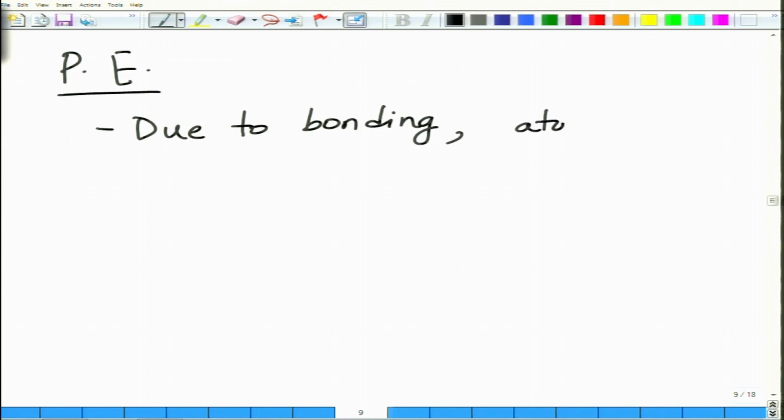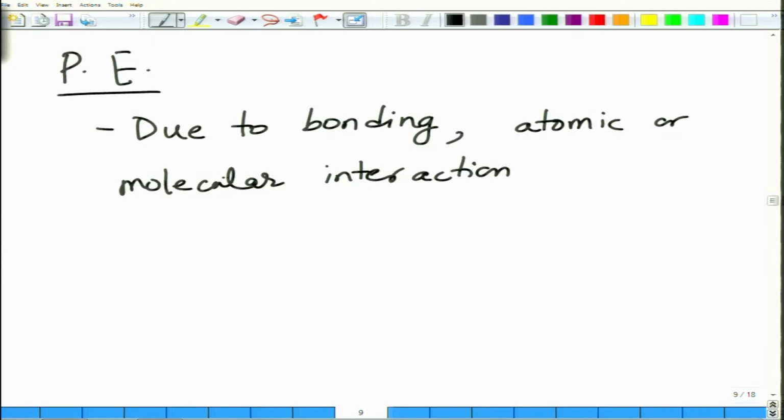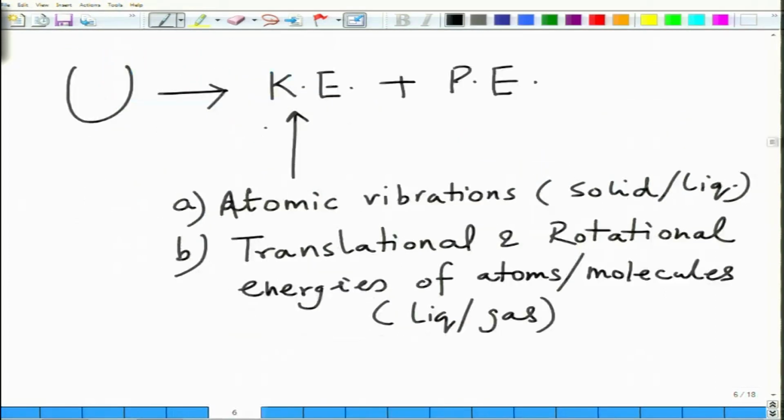It is also because of atomic or molecular interactions, because it may not be only bonding, it could be various other things such as hybridization and things like that, interactions in a system. So the total energy is equal to kinetic energy plus potential energy.